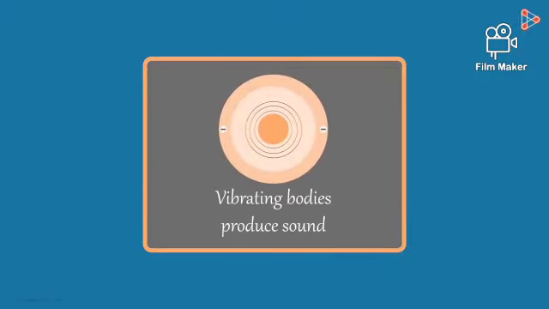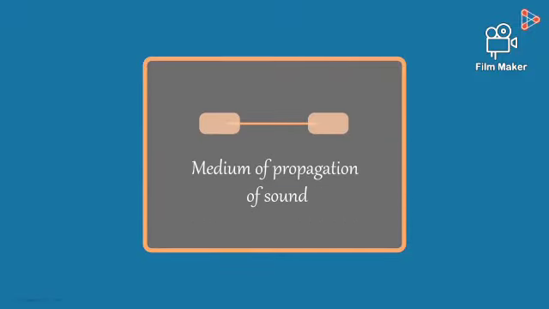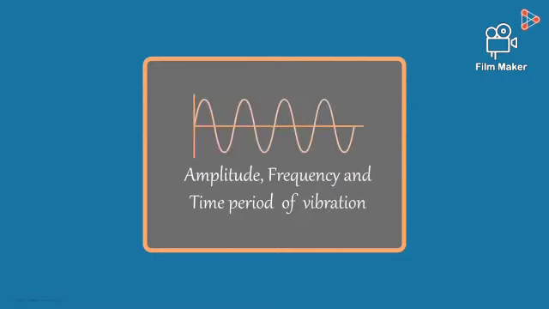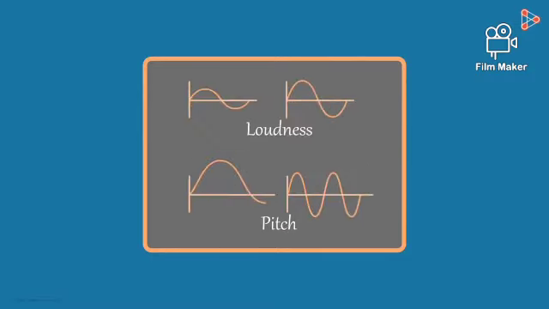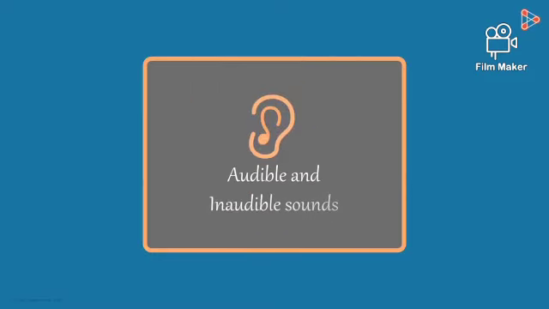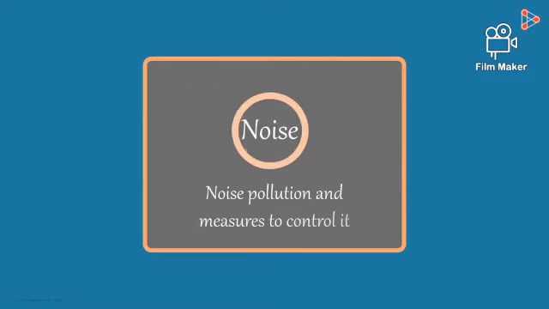The topics we are going to elaborate in this section are vibrating bodies produce sound, medium of propagation of sound, amplitude, frequency and time period of vibration, loudness and pitch, audible and inaudible sounds, noise pollution and measures to control it.